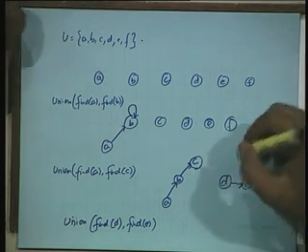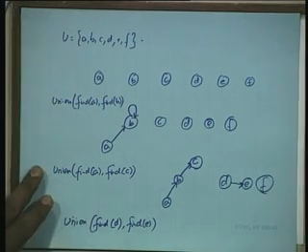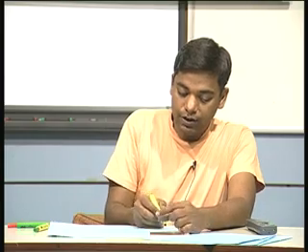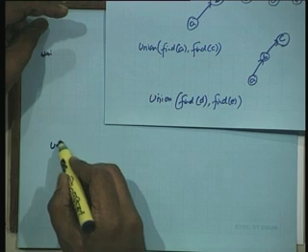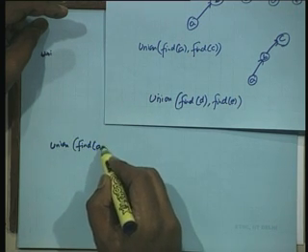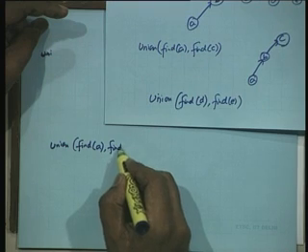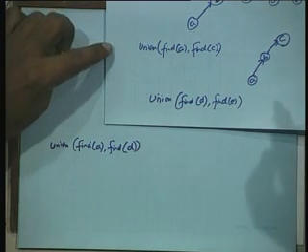Now, as you can see, D and E are not alone. So let me keep this picture there, and let me write down here, union of find A and find D. What does find A return?